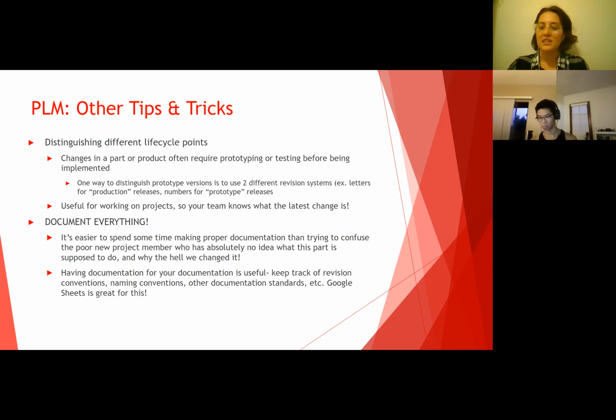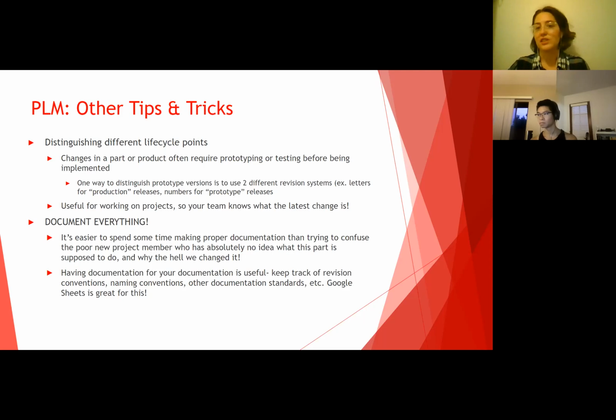So whether you want all your files to be saved the same way, where it's product name underscore revision underscore your initials or something like that, you want to have a place where you keep track of this is the standard way we do everything.